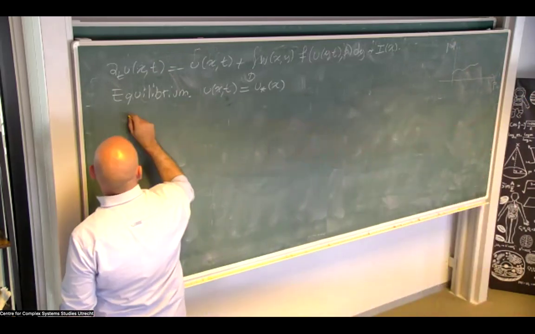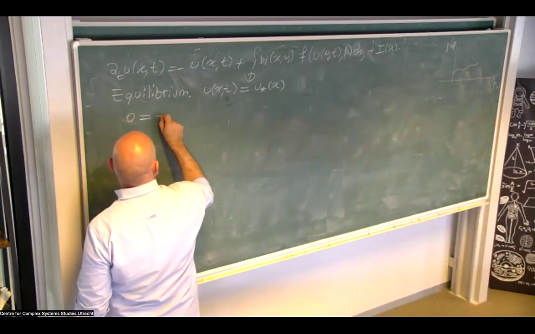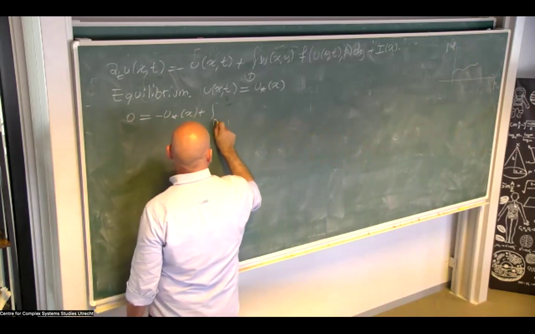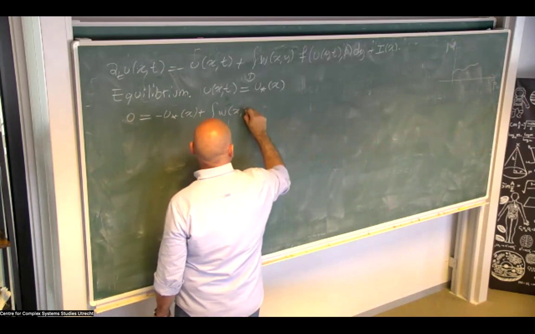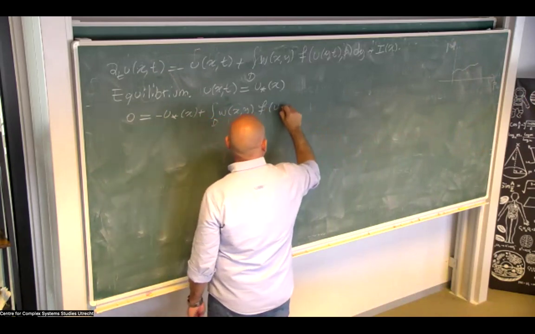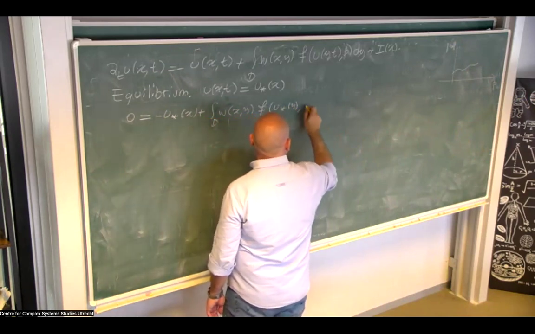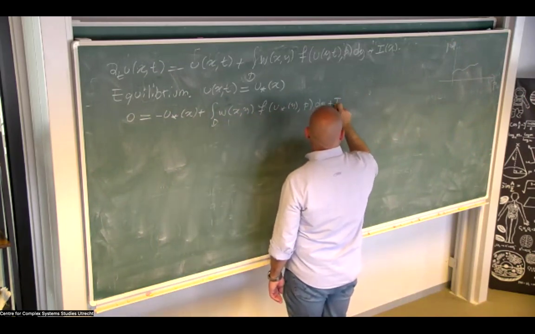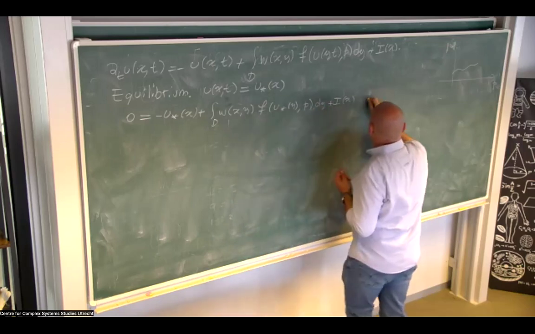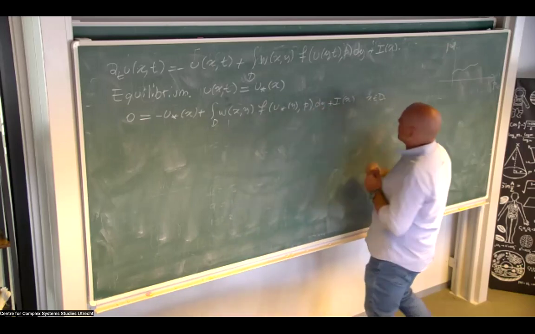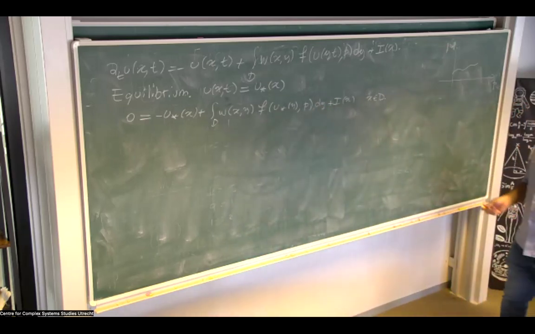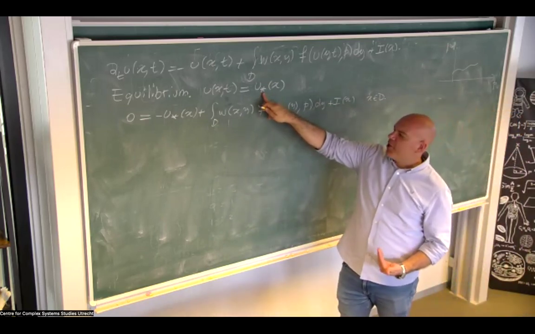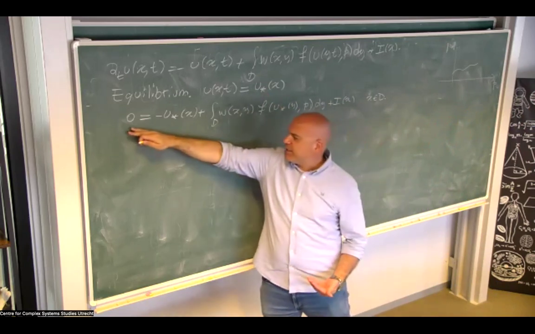So what will I do then? I will just start by writing down the steady state equation for that. So what I now get is, if I want to seek a steady state, I'm going to have to solve this steady state problem.